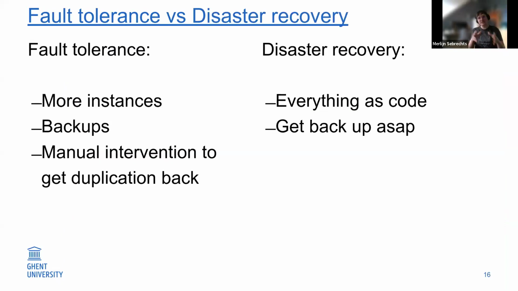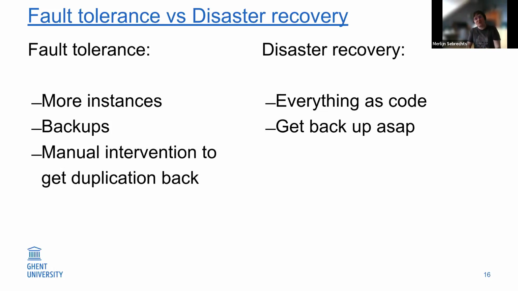So fault tolerance is basically what if a single virtual machine goes down. This is something that happens quite often, and this shouldn't require a manual intervention to keep the services working because it happens so often. This basically just means you have more instances of something and you have health checks and a load balancer. And if the load balancer sees that one of the backend services is down, then it simply points the traffic to another of the backend instances.